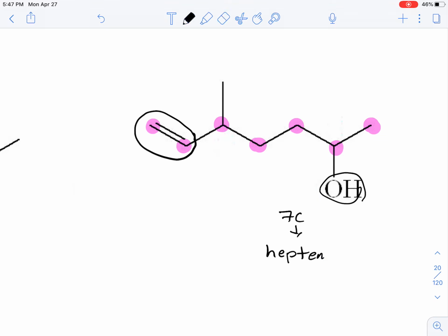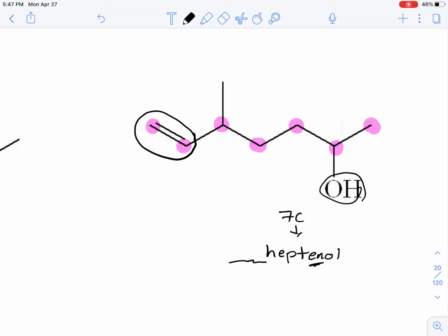Typically you write the number in front of hept.